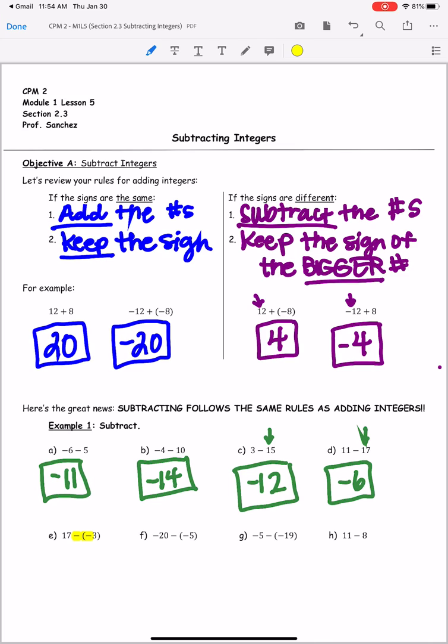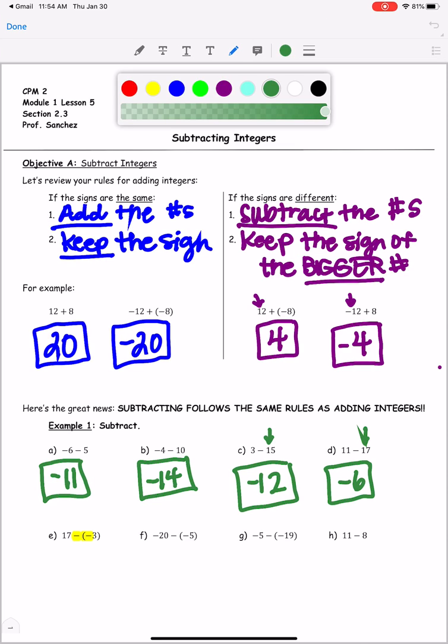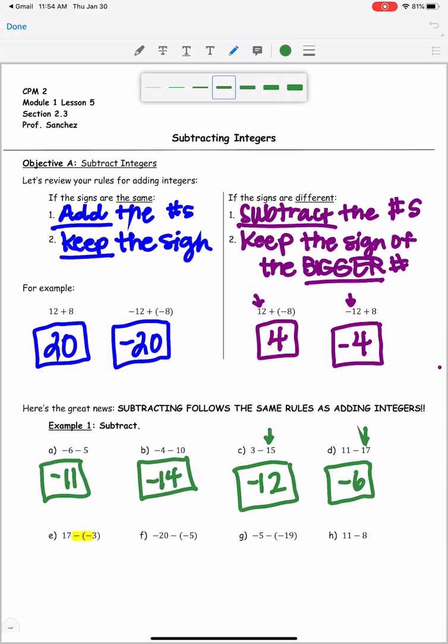We can kind of clean that up from previous lessons. Minusing a negative 3, we read that as what is the opposite of negative 3. That turns into a plus. So now my problem here is 17 plus 3.